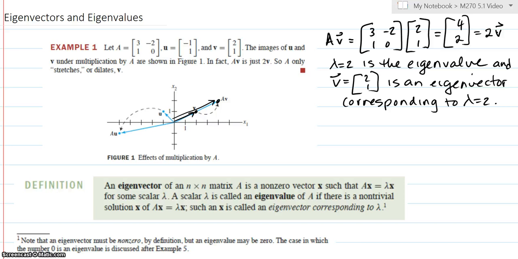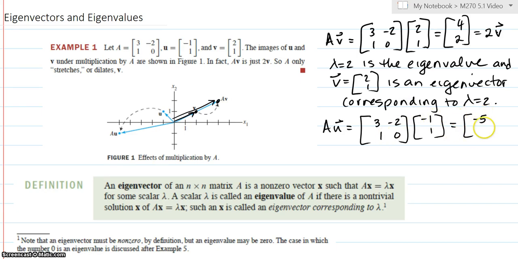Let's look at u. u is not an eigenvector, so let's check that out. Let's look at Au and multiply those. You get negative 3 plus negative 2, which is negative 5, and then negative 1 plus 0.